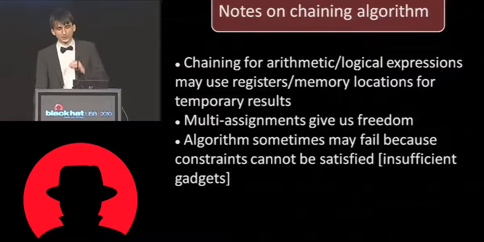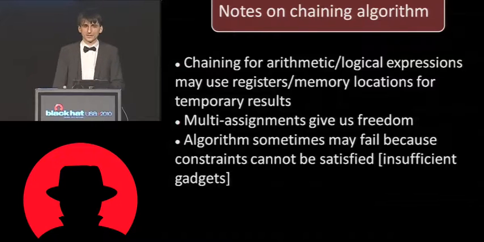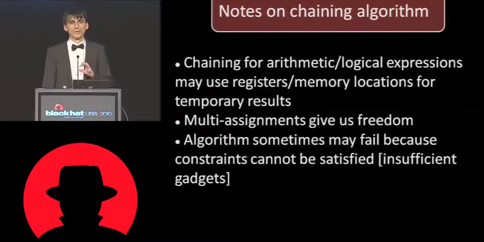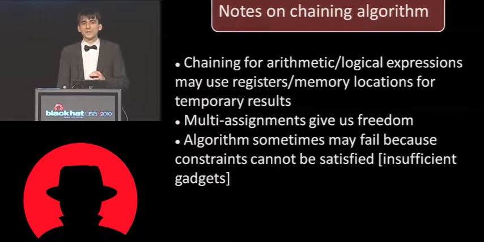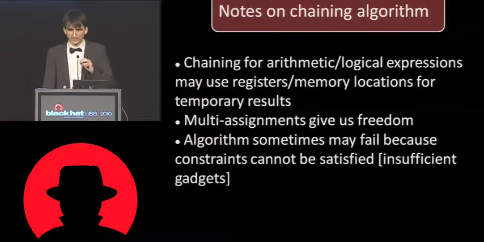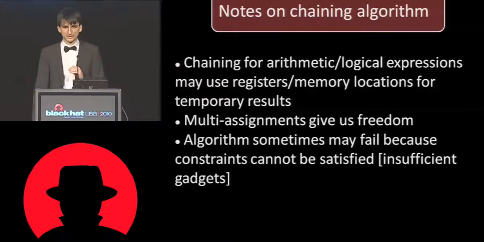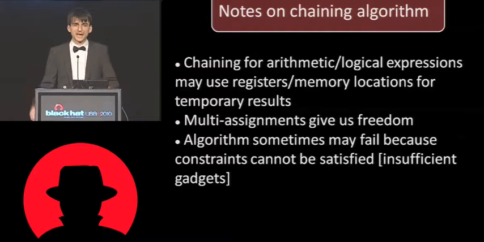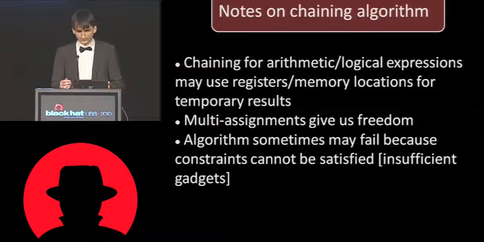But also, it is possible that the algorithm will fail, or let me put this a little bit more mildly, it will tell you that the program cannot be compiled as you've written it because the gadget set is insufficient.